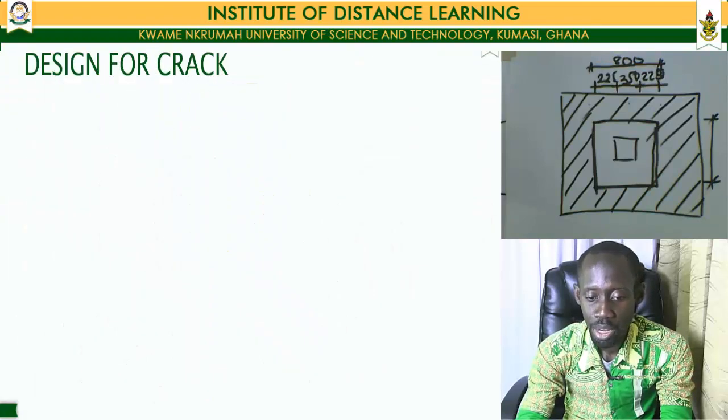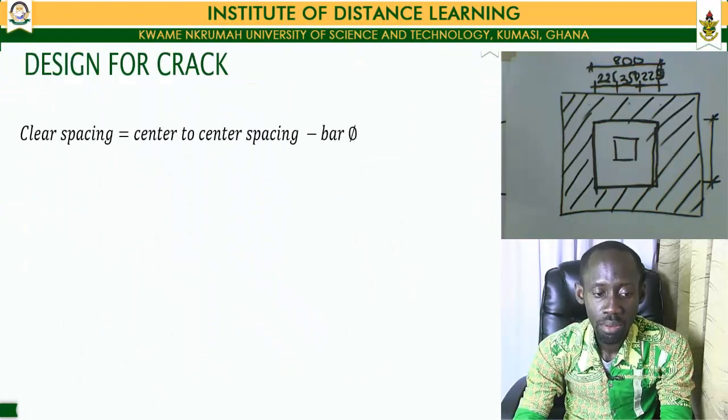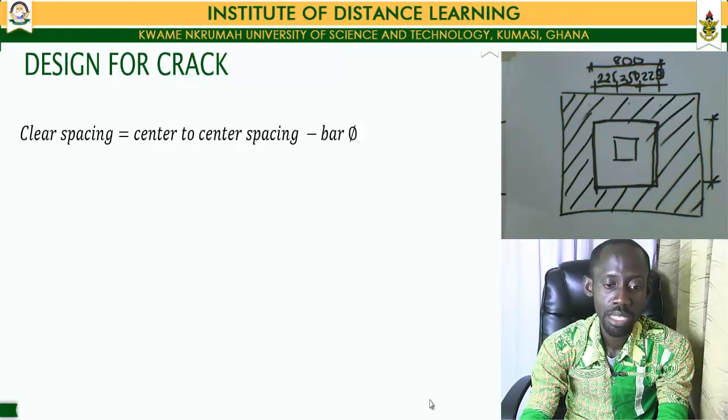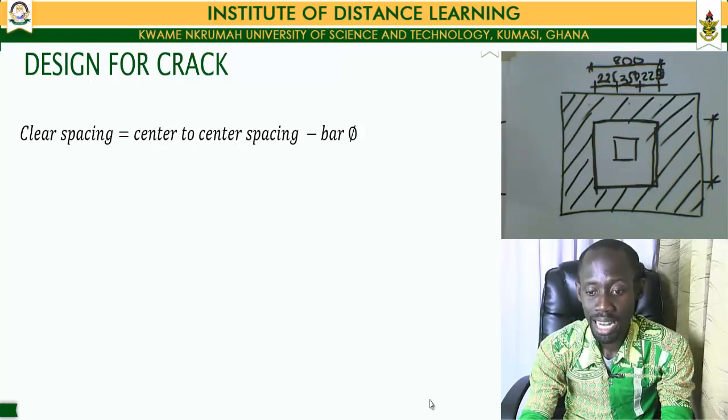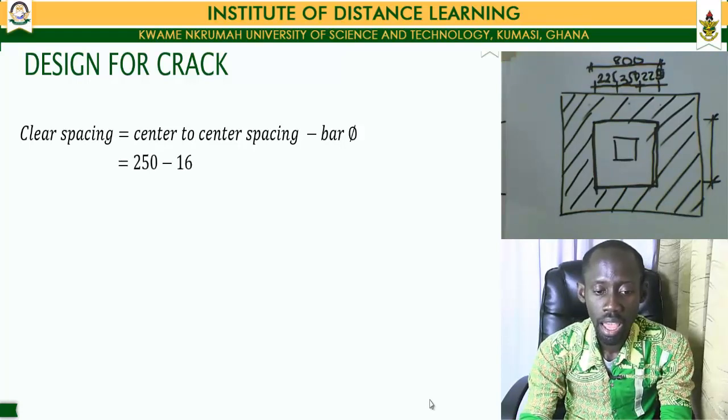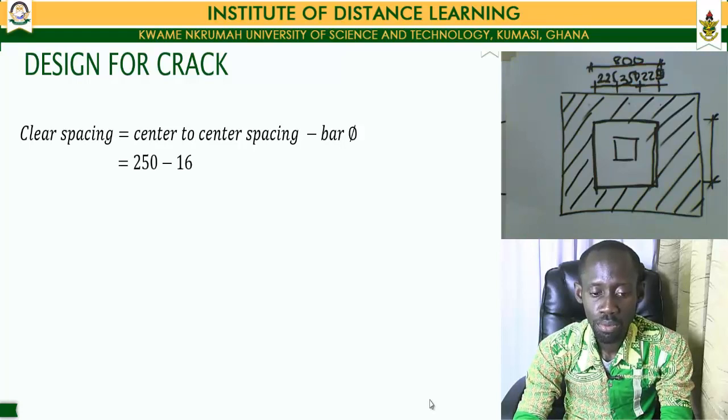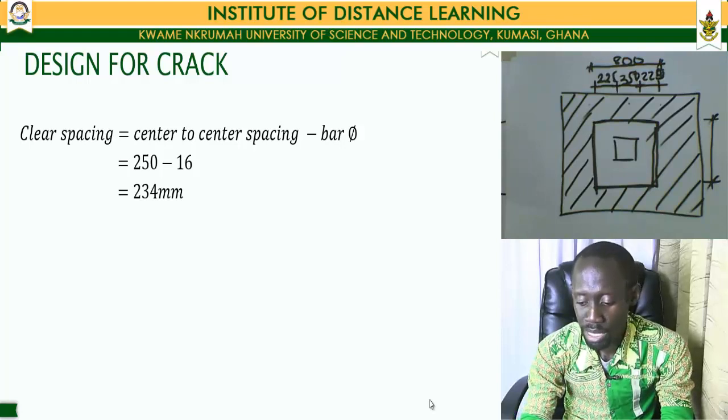So then we move ahead and look at our crack limits. Our clear spacing is given as the center to center spacing less our bar diameter. And from our design of moment reinforcement, we realize that our center to center spacing was equal to 250 millimeters. Less our bar diameter, which is equal to 16 millimeters, gives us a clear spacing of 234 millimeters.